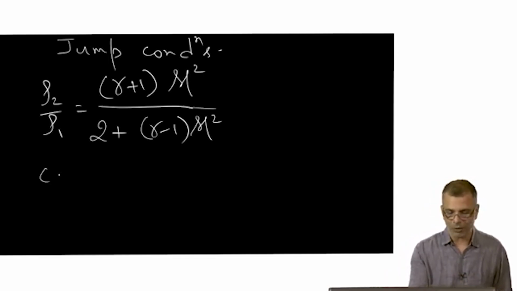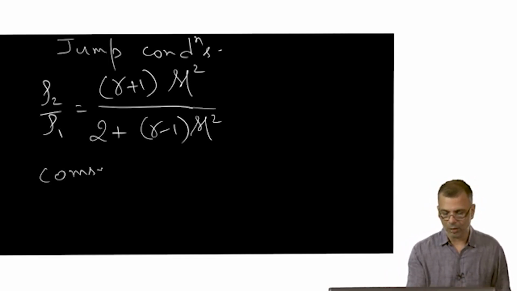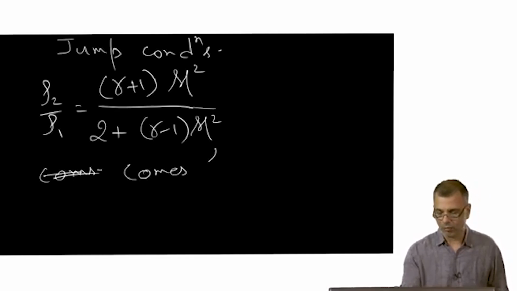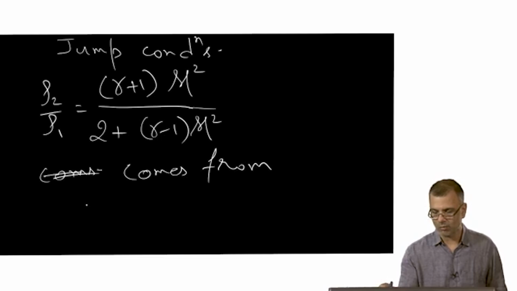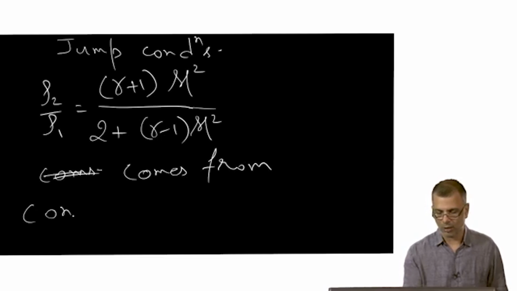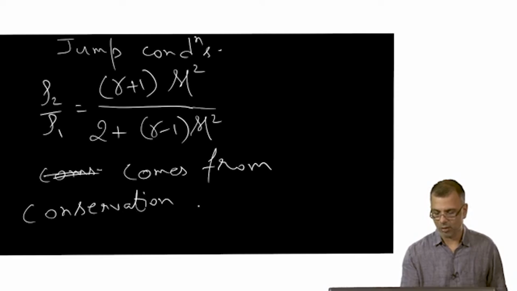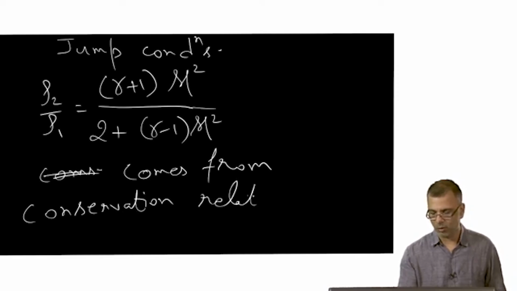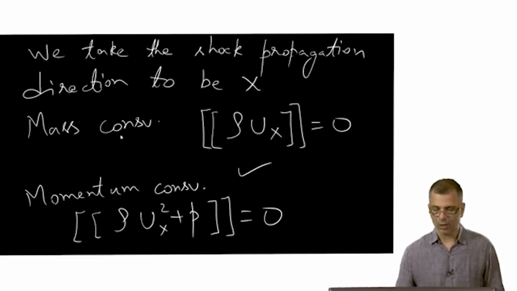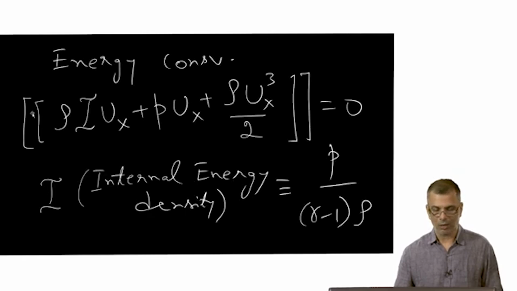This comes from the conservation relations, and which are those? The conservation relations are just these. Are this, and this.